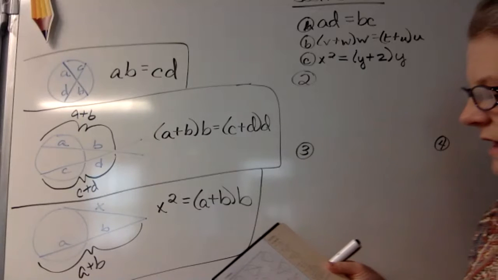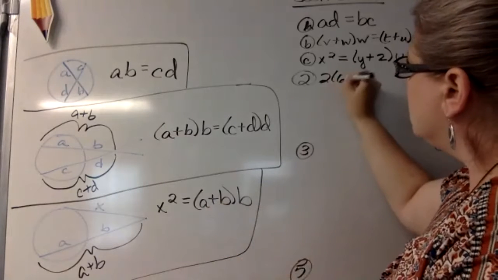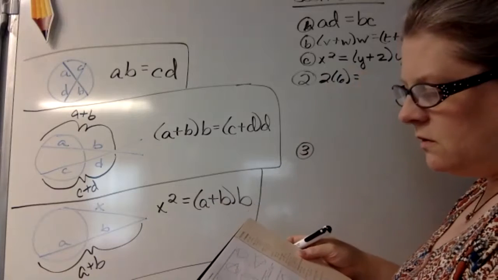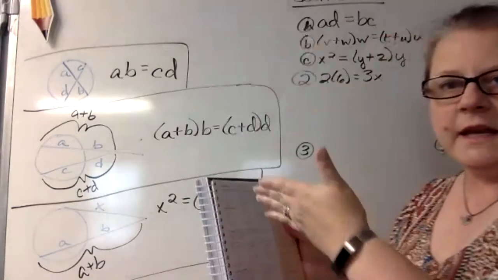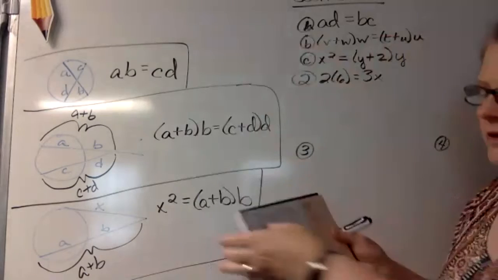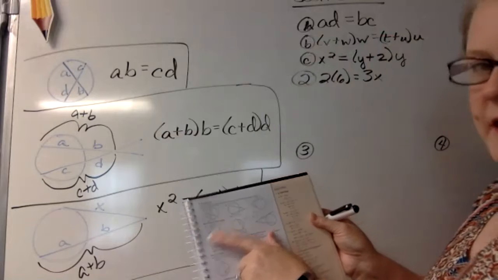I'm going to do this one that's going up and down first. So I have 2 times 6 is equal to 3 times x. Stuff that's on one secant goes together, stuff that's on the other secant goes together. So this part times the other part, and then 3 times the x goes together.